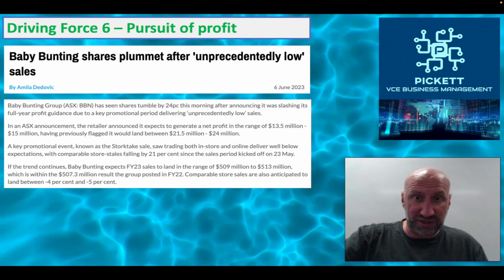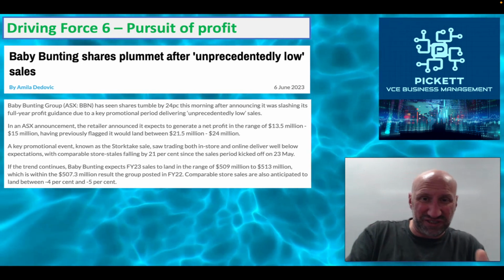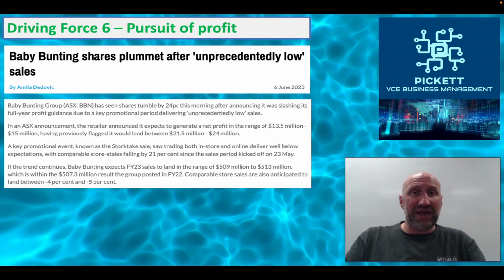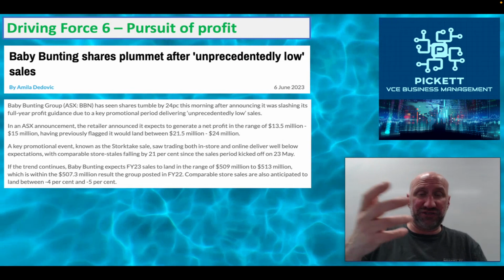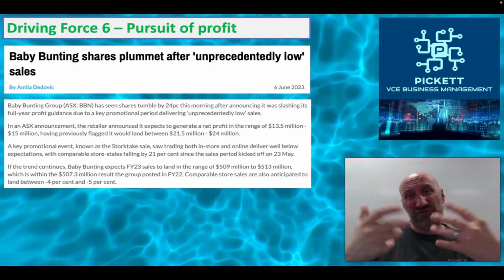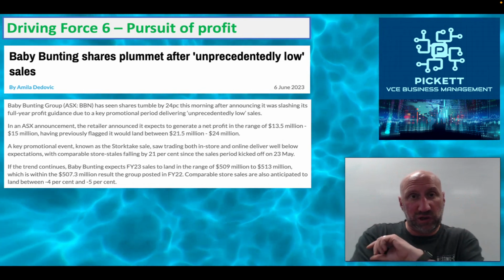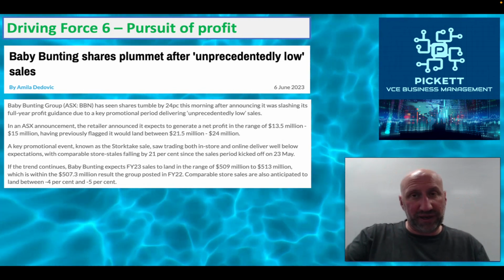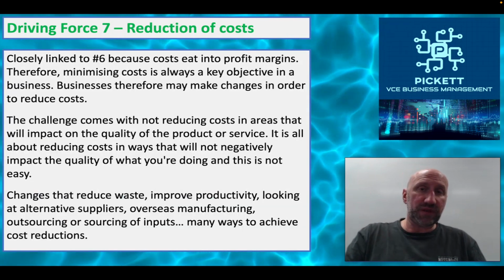Okay, so it's announced a big drop in profits from what it was saying, and it gives some reasons about why. But again, that's a lot of pressure on the managers of this business, with the pursuit of profit being the driving force, to turn this around, claw back, get the share price back up, and get those profits back up where they were expecting them to be.